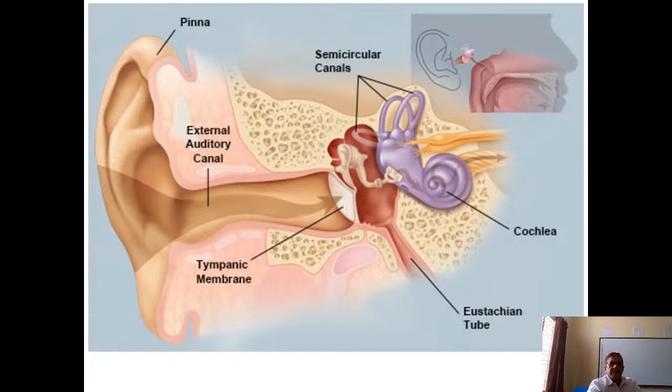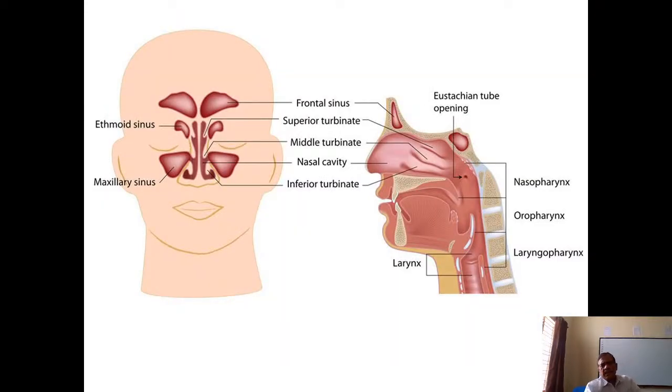And the next is otology, which has to do with the ears, and rhinology is the one which gives us the knowledge of the nose and the paranasal sinuses. Nose, as you know, starts from the anterior nares, and that is the beginning of the respiratory tract.